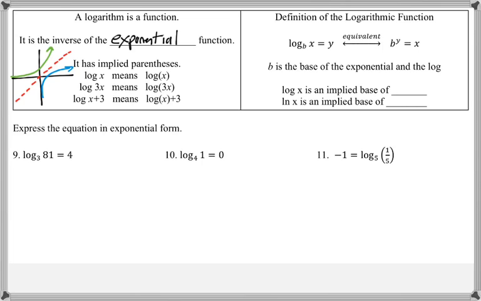So log of x plus 3 means log of x, and then the logarithm is done, and then there's just this plus 3 off to the side. So if you want to have an x plus 3 on the inside of the logarithm, then you have to put your own parentheses around it. So let me make a note of that.